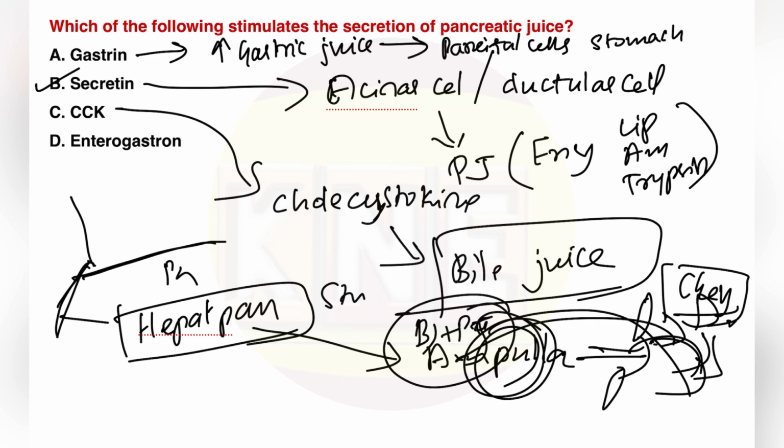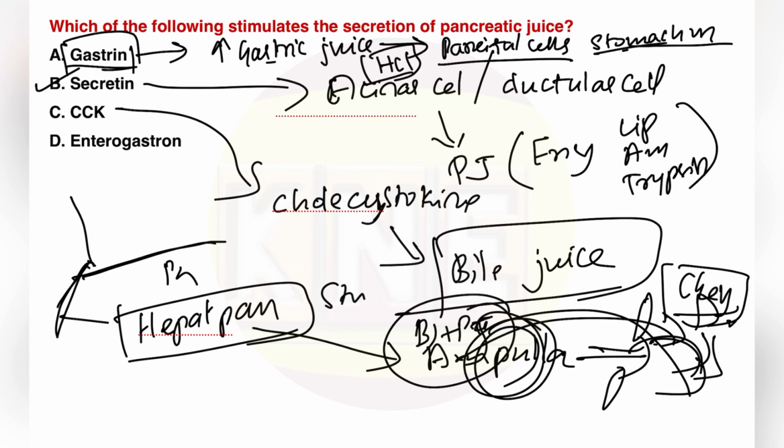Okay, what do the parietal cells in the stomach mucosa do? They release gastric juice. What is in gastric juice? HCl. Okay, you understood this one. So gastrin is the stimulating factor, but enterogastrone has a negative effect on gastrin. It inhibits the secretion of gastric juice, and it inhibits the churning effect.